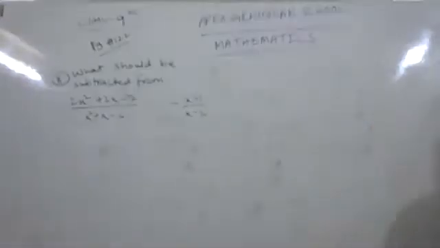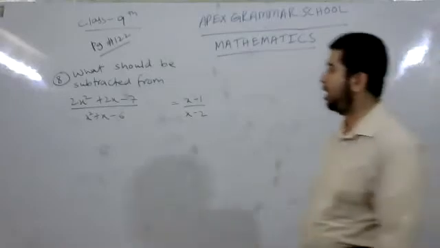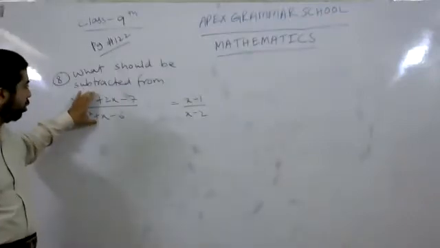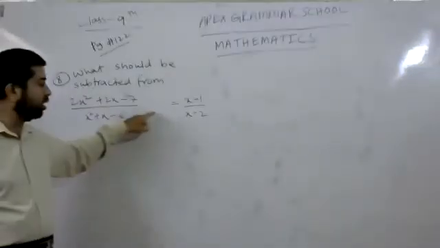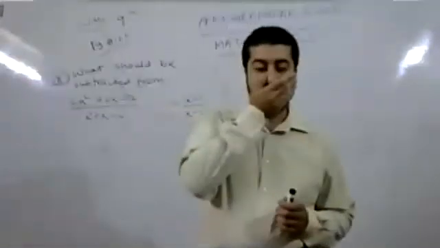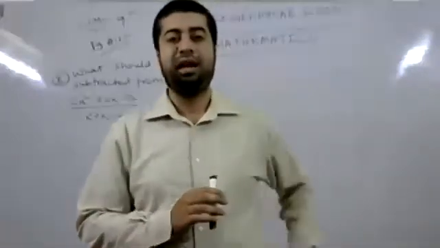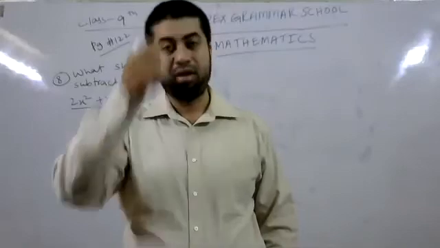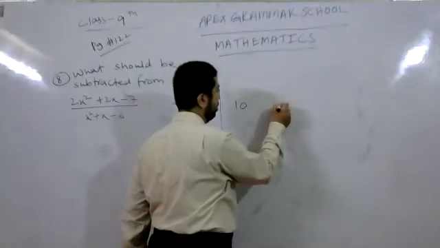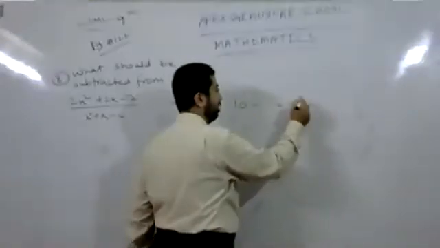We need to just understand what he is asking. He is asking which fraction or which rational number should be subtracted from this fraction to get this answer. This is just like asking which number should be subtracted from 10 that we can get the answer 7.